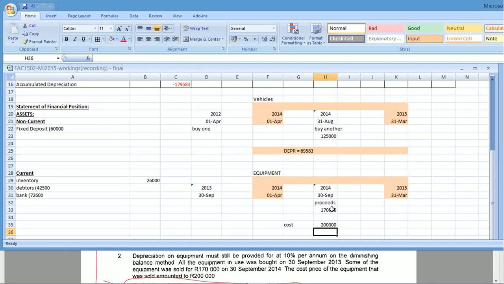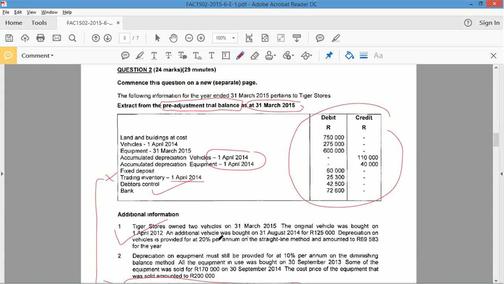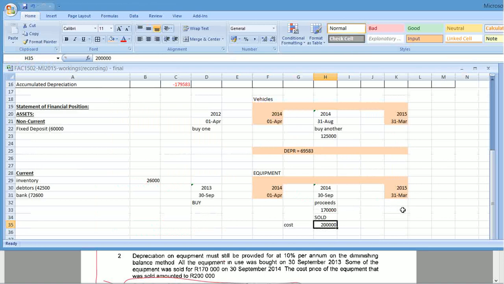Great. What else do we know? Well, they said in the question that we bought all the equipment here. Then we sold a portion there. And then we've obviously got some left over. So we need some more information from the actual question. Equipment 31st March 2015. That would have been end of the year, 600,000. So that means we've got cost here at the end, 600,000.